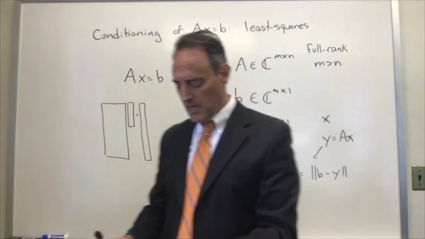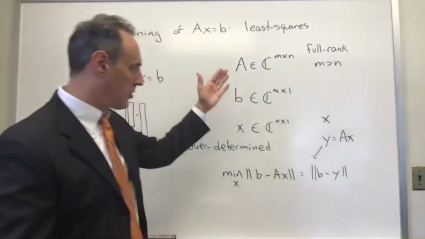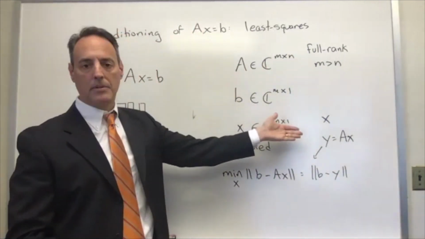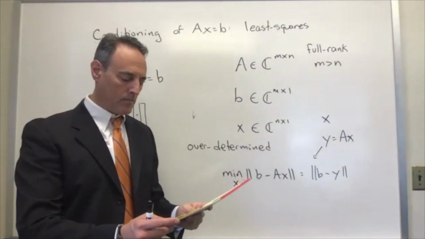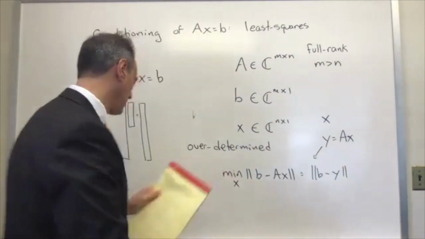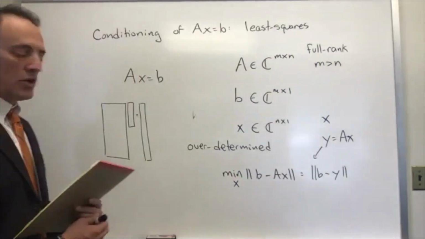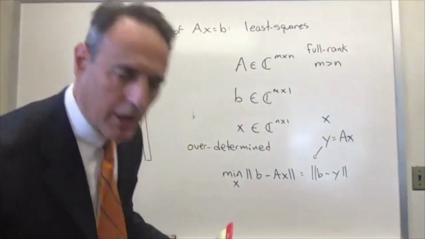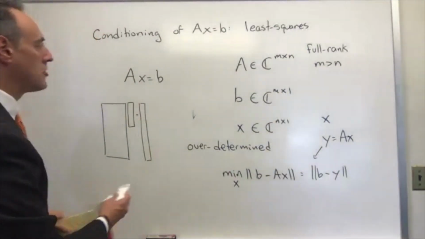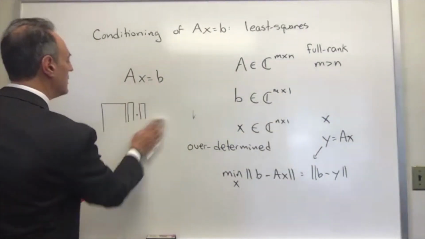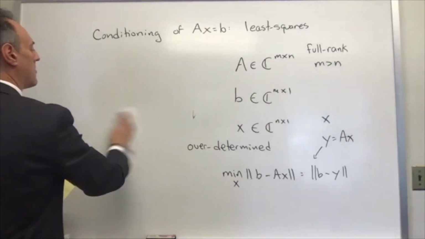So what we want to understand is, again, perturb these, ask what happens to those. So that is the statement of what we're going to go after here. So what I'm going to do is erase this picture. I'm going to draw another picture.